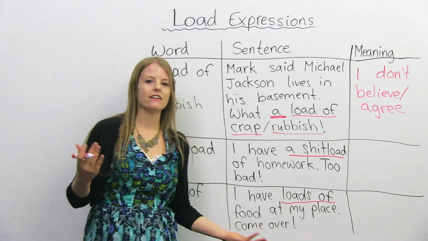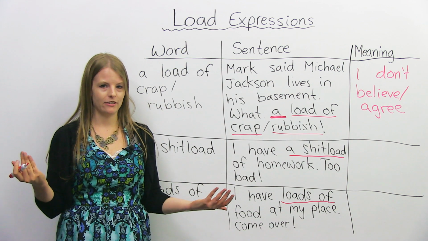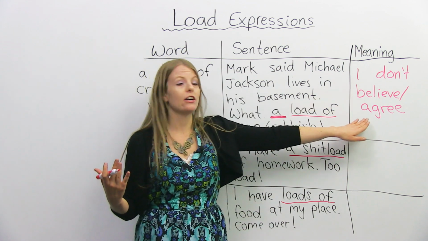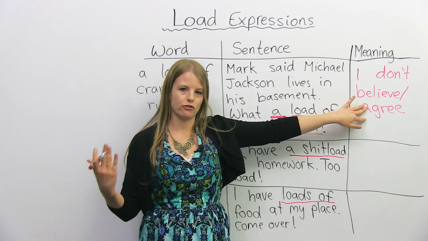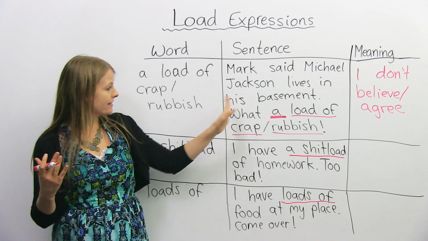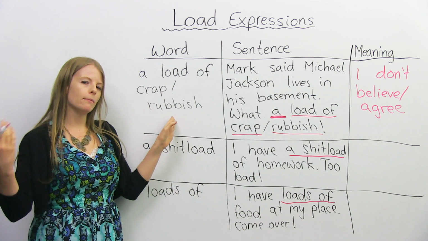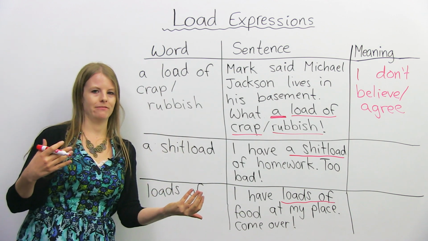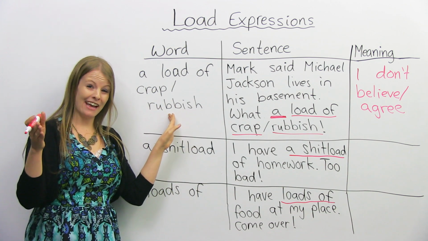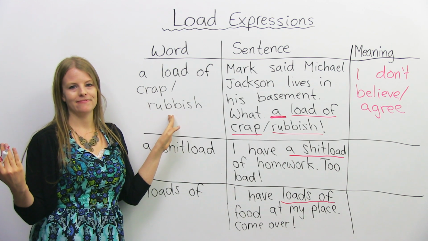If somebody says global warming isn't happening, it's not true. I think it's true. So I would say, what a load of crap. It's true. It means I don't agree. I don't believe it. I think it's true. So in terms of this, load of crap, load of rubbish, do you think it's formal or informal? Would we use this expression on an essay at university, or would we use it with our friends?